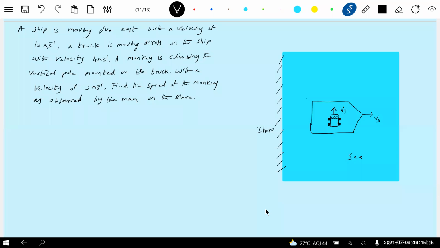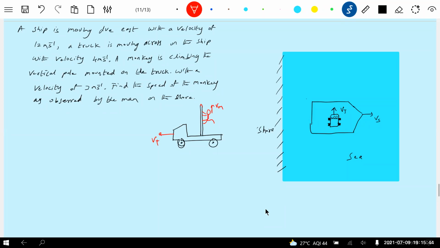Now on the truck, if I just draw the truck, nothing big deal. This problem is very easy. The only thing is the student has to understand the question. Now there's a monkey. He will climb. There's a velocity of truck.